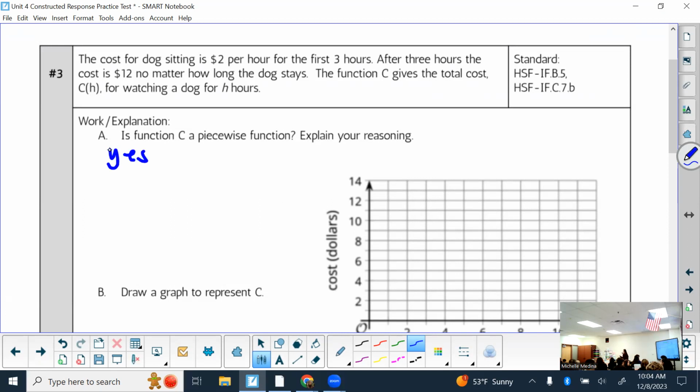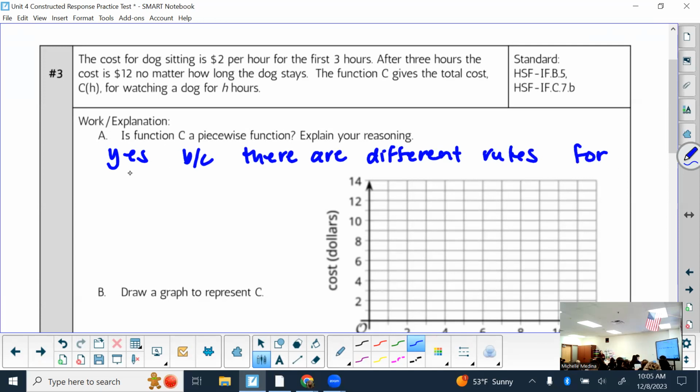So here's how to summarize that in a way that you will all understand. You would say yes for this one because there are different rules or expressions for different parts of the domain.